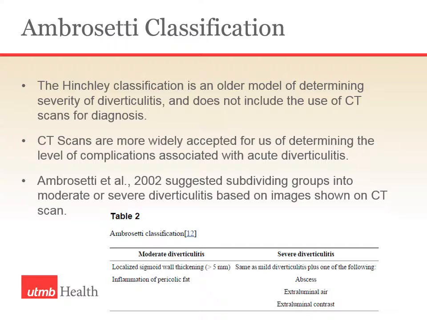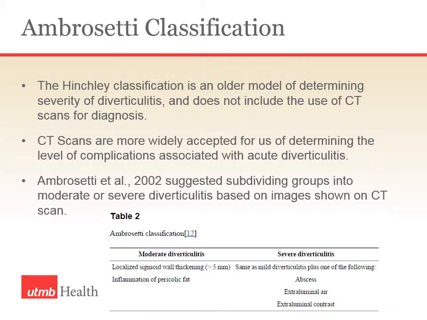CT scans are more widely accepted and they're more used nowadays to determine the level of complications associated with acute diverticulitis. And Ambrosetti conducted a research study on this association, and he suggested subdividing groups into moderate or severe diverticulitis based on the images shown on the CT scan.